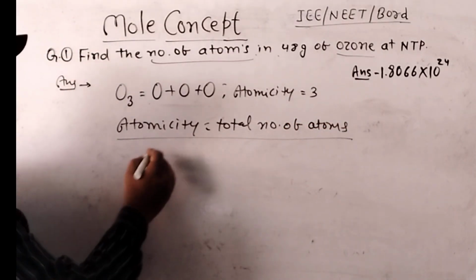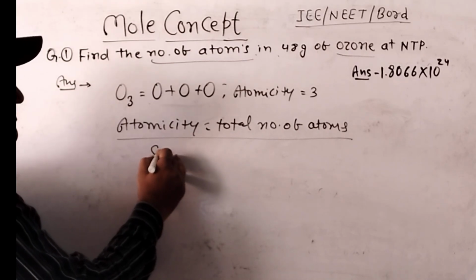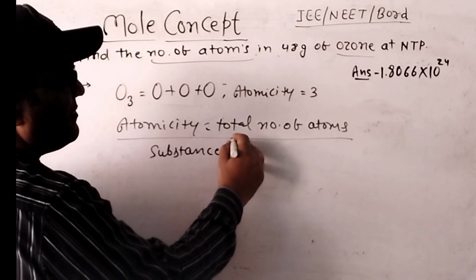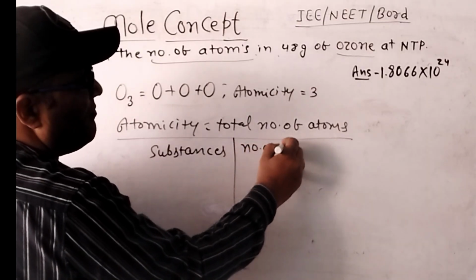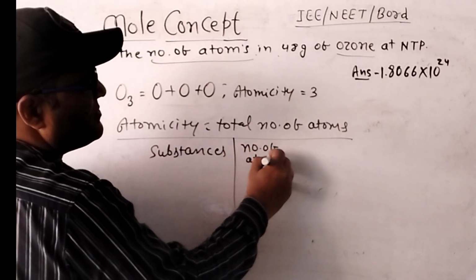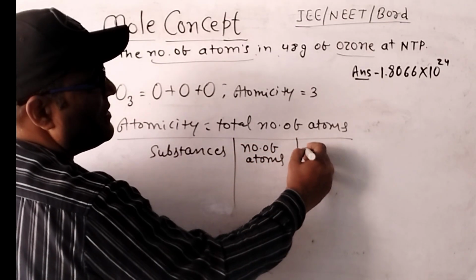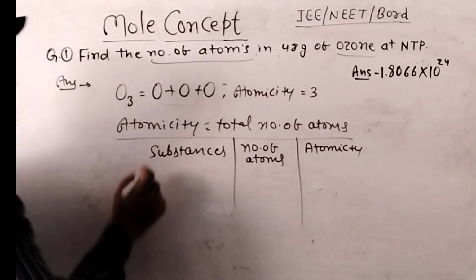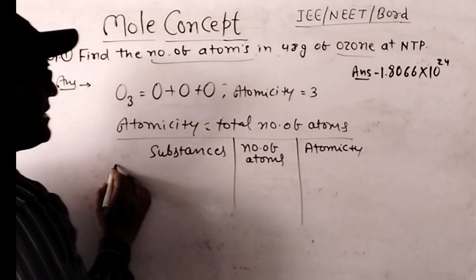It means here we can write substances, the number of atoms, and after that the atomicity of substances. Substances may be atoms, molecules or ions.